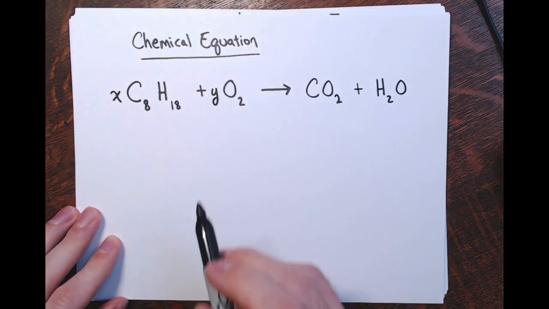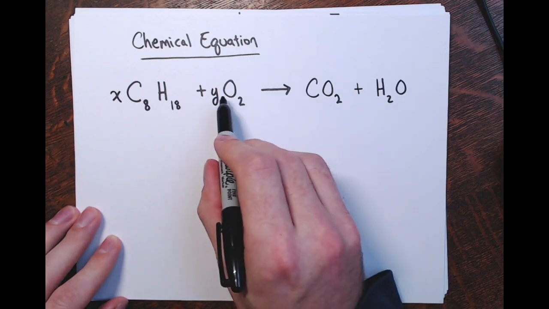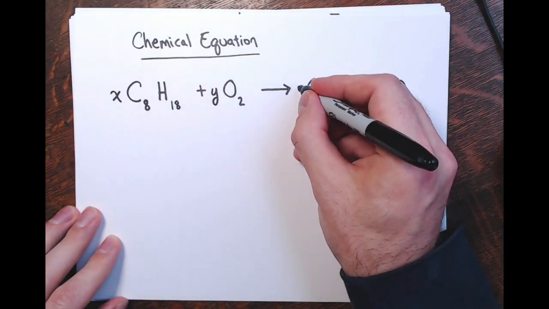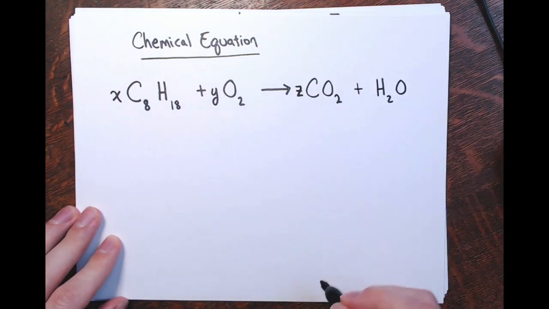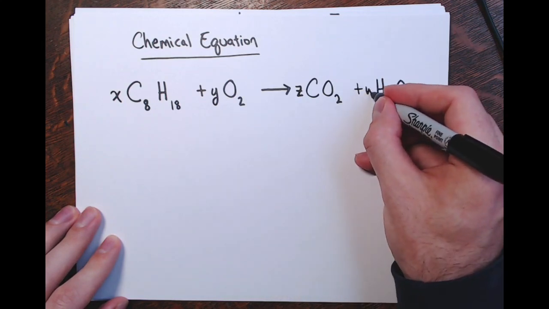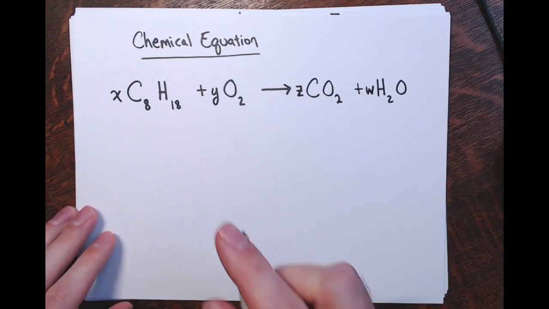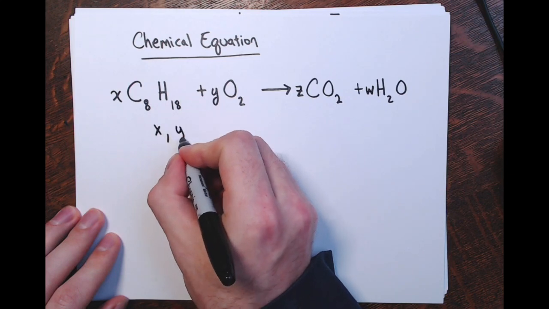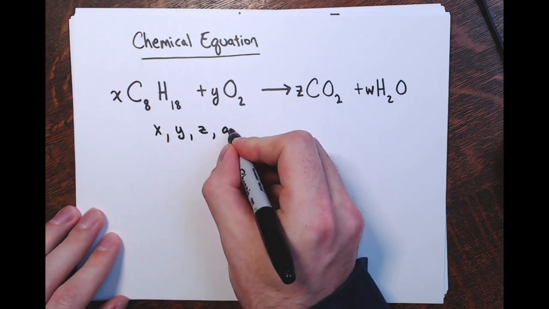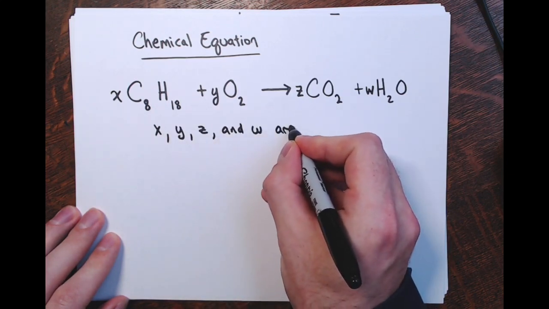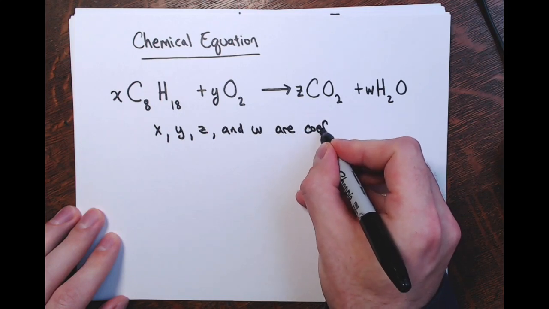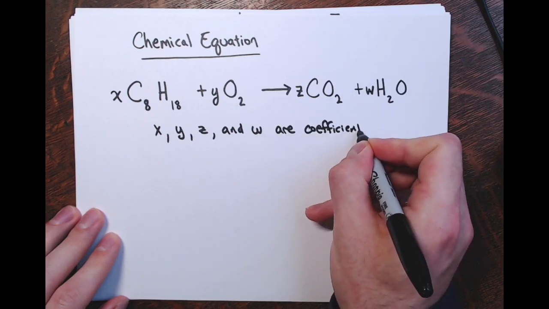How many O2 molecules are there? And what it'll yield is Z molecules of carbon dioxide plus W molecules of water. So again, X, Y, Z, and W are going to be numbers, coefficients, the numbers of molecules.